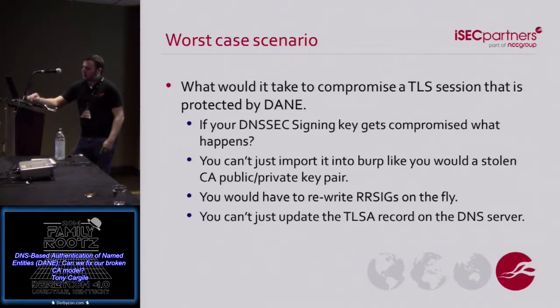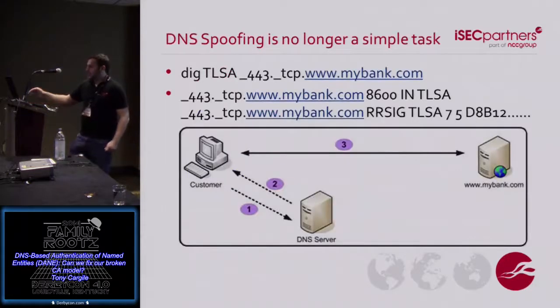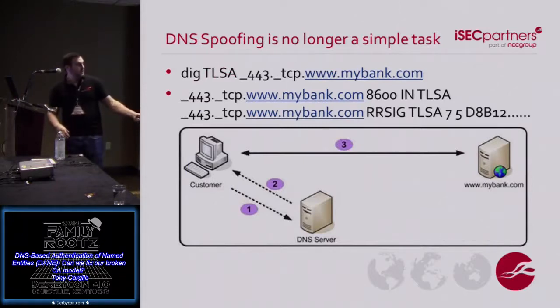But what they could do is sit in between, again, a normal client to server connection. If he's got the private key, whenever this TLSA query comes back with that response, he could modify the response with the hash of his own certificate and update the RRSIG, because he's got that private key.